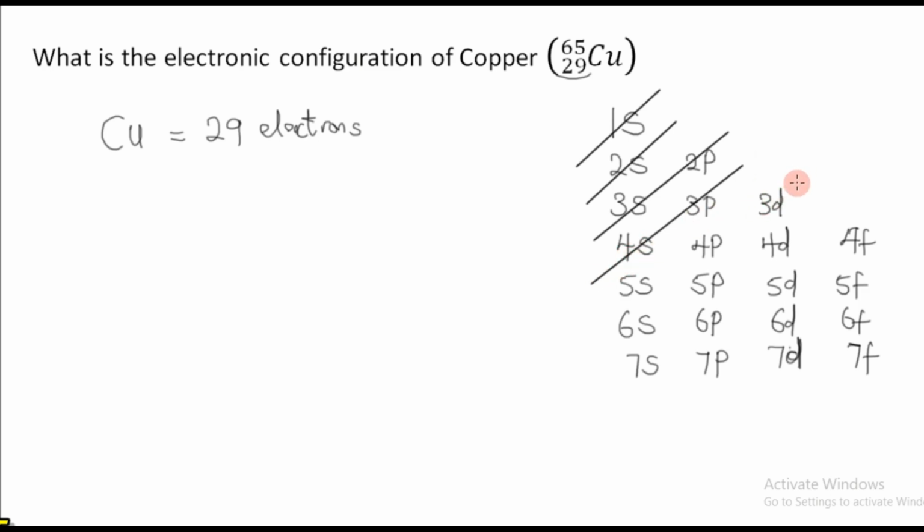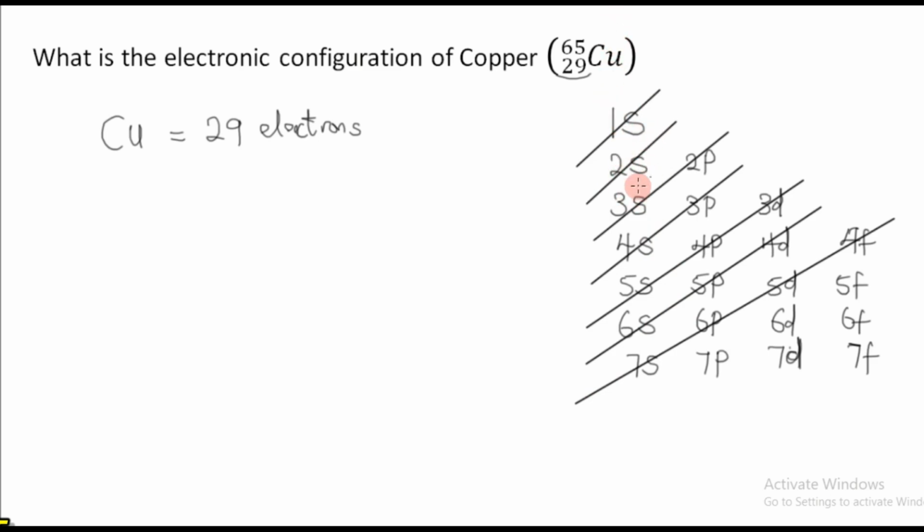After filling this, we move to the 3d orbital, the 4p orbital, and the 5s orbital, right? Then after filling this, we move to the 4d, 5p, and 6s orbital. After filling this, we move to the 4f orbital, 5d orbital, 6p orbital, and the 7s orbital. So the order of increasing energy level goes in that fashion, right?